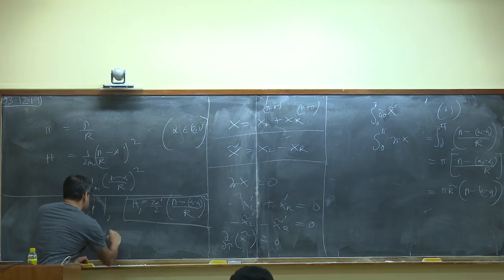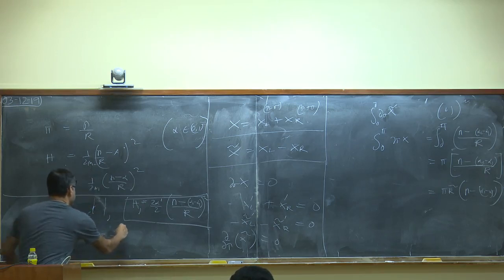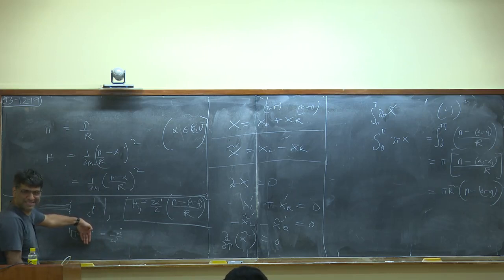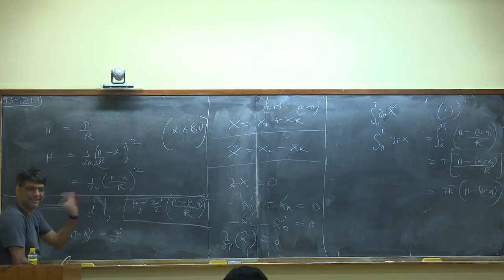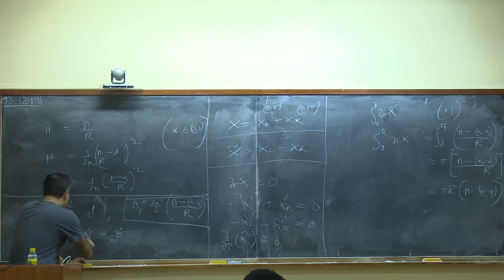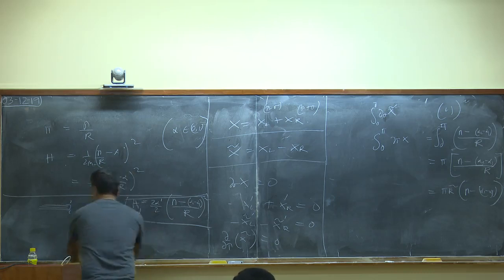When a_i was 0, for instance, p was x dot times the mass, and the mass was effectively 1 over 2 alpha prime. So sorry, x dot was this times 2 alpha prime.